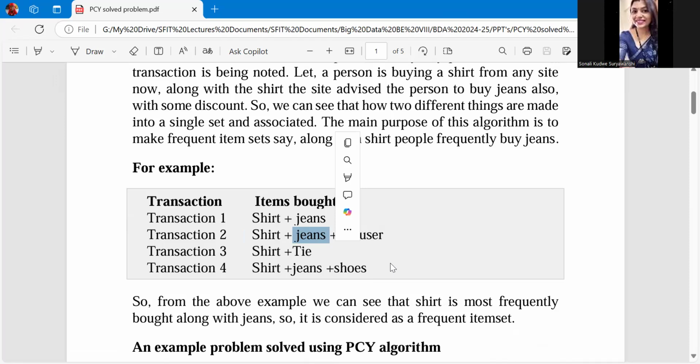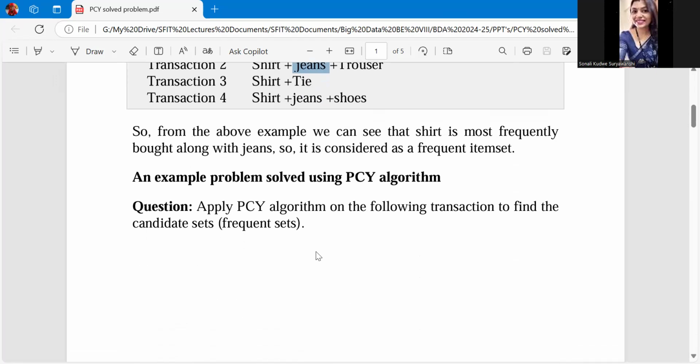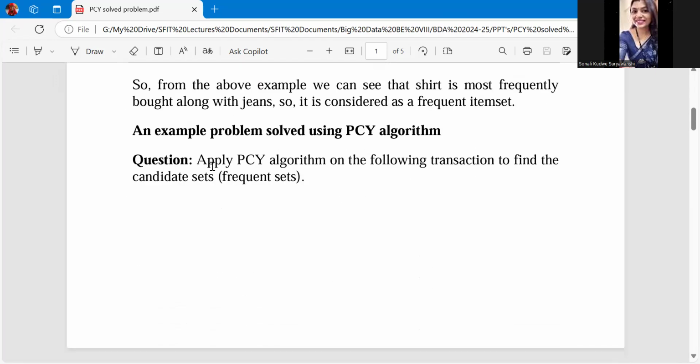We have already seen one algorithm earlier in machine learning, which is the Apriori algorithm. This is an extension of that algorithm. A few concepts we are going to apply in the same way, but there are some additional concepts that we're going to learn in this algorithm. So let's try to understand what the PCY algorithm is. In the PCY algorithm, we need to apply PCY on the given transactions to find the candidate sets.